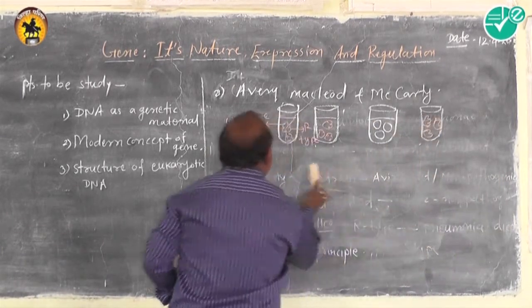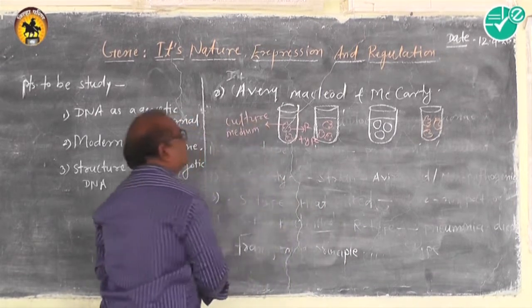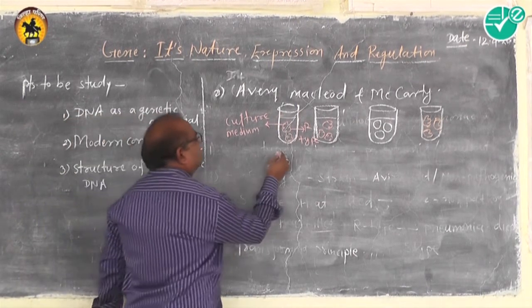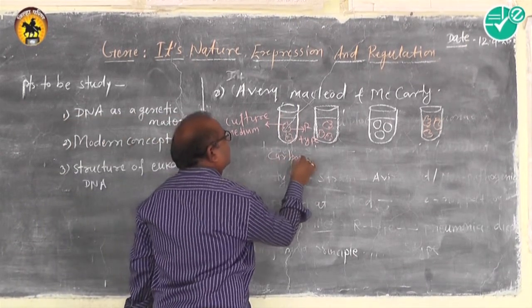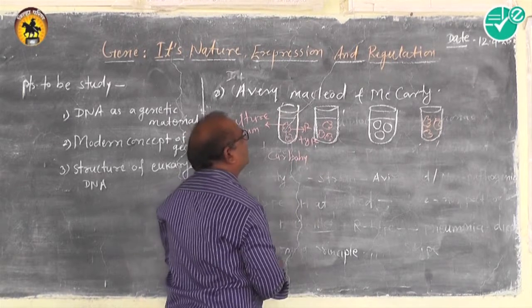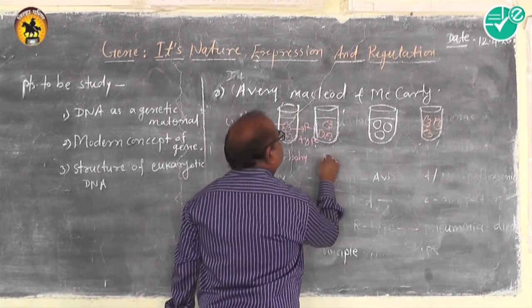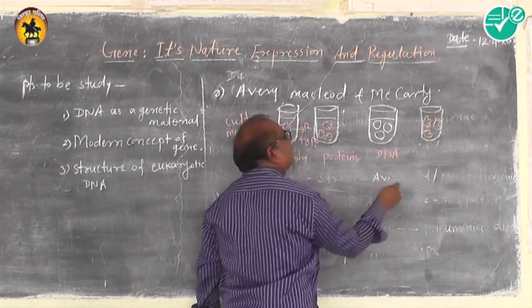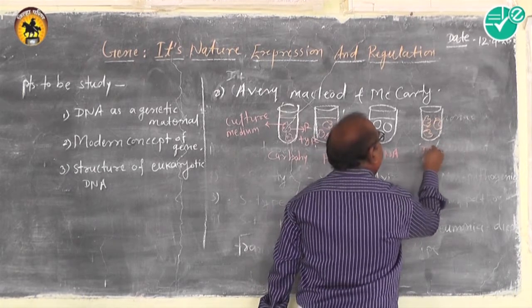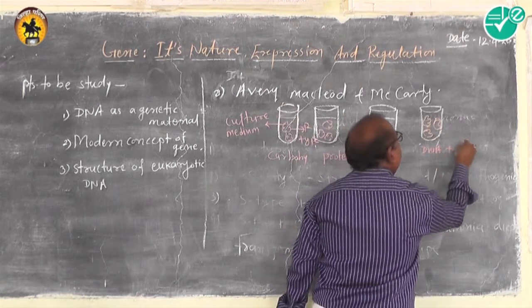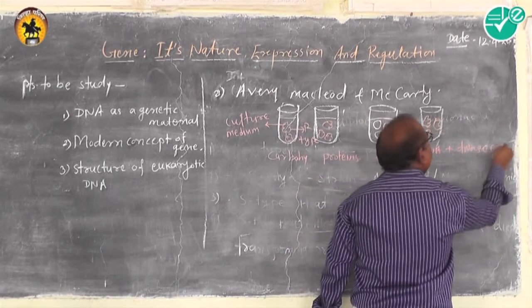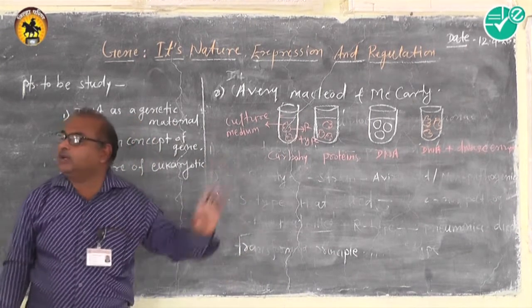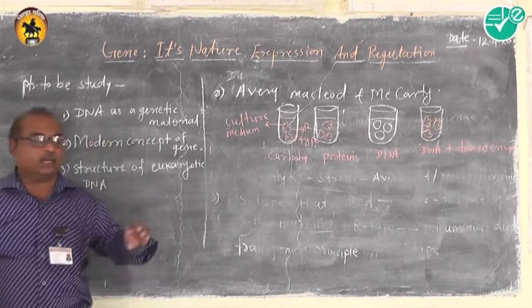S-type was isolated into separate components: carbohydrates, then proteins, then DNA, and then DNA plus DNase enzyme is added.